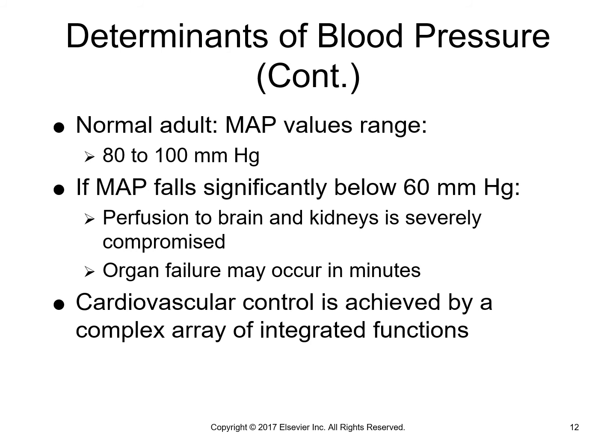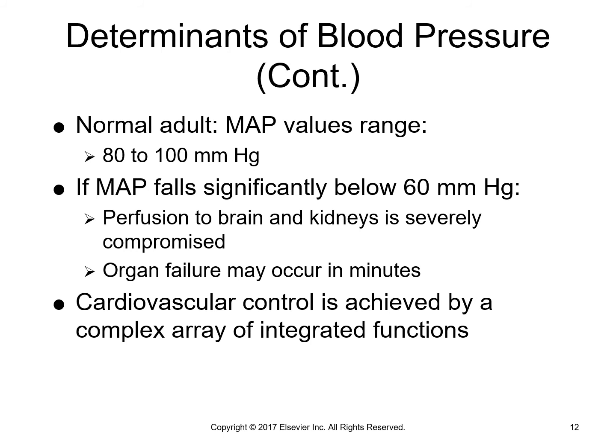They're having a hard time keeping the systolic at a certain number. They definitely want to keep the mean pressure above 60, because if it falls below 60, then you're looking at possible damage to brain and kidneys. So they're definitely going to be compromised, and that organ failure can occur in minutes.